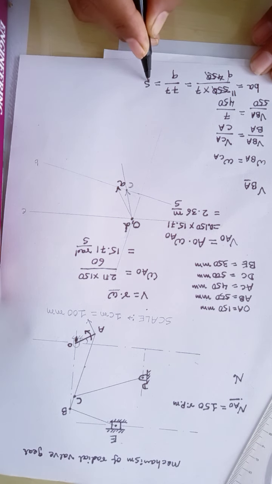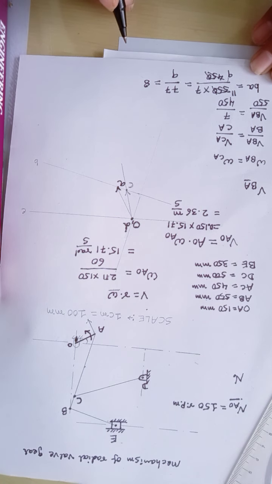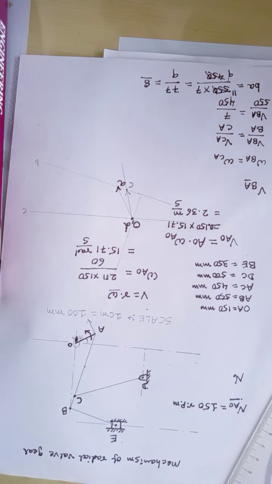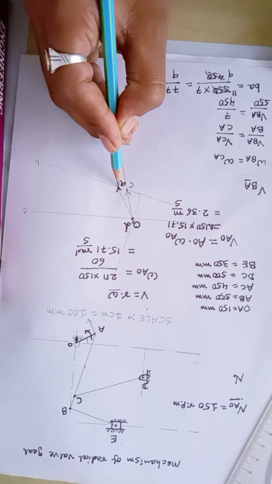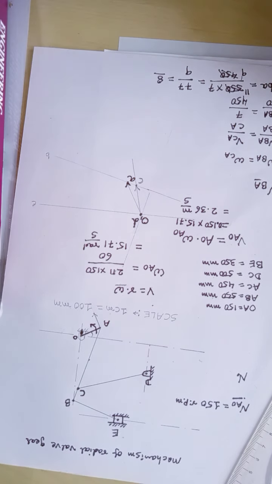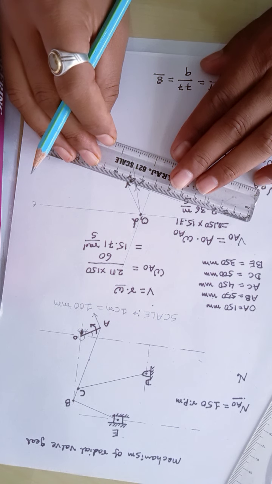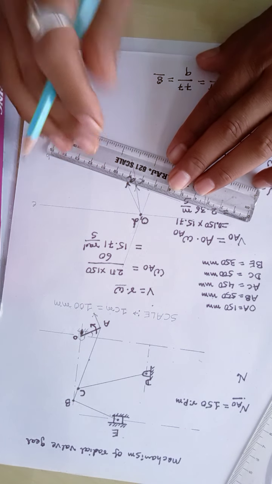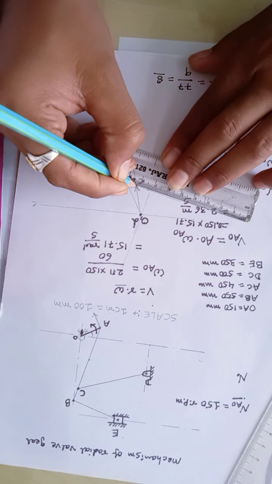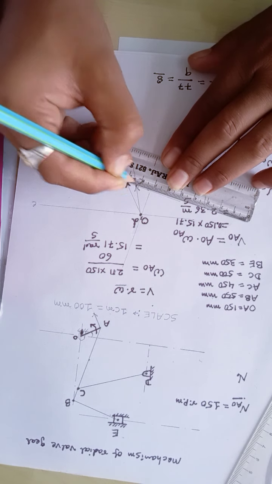It is almost 8 something, almost 8. That is 8 millimeter BA. So from A, I'll take 8 millimeter, so 8 millimeter is here somewhere.